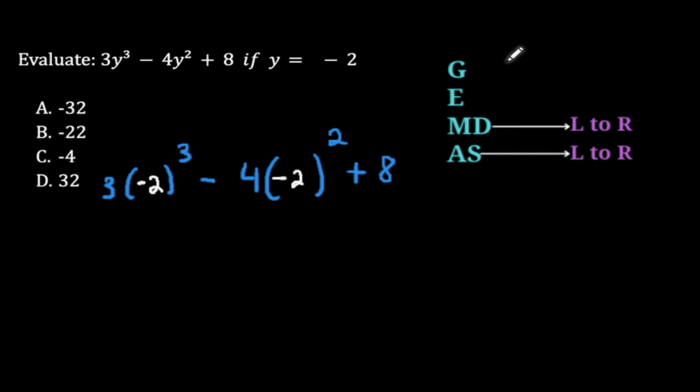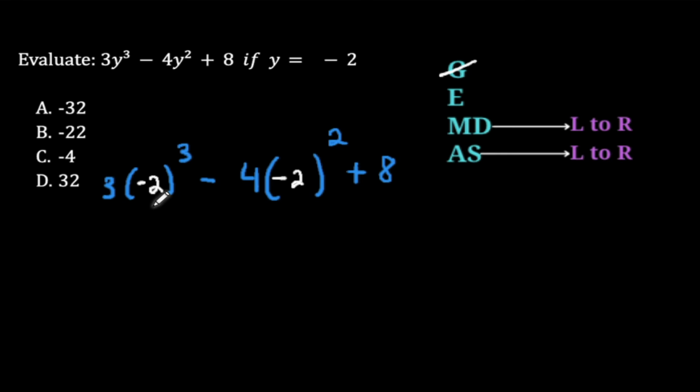Okay, so although we do not have operations to perform within the grouping symbols itself, specifically parentheses, we can move on to exponents. Okay, so here we have this negative 2 raised to the power of 3. So since this 3 is odd powered, then that means the result is going to be negative.